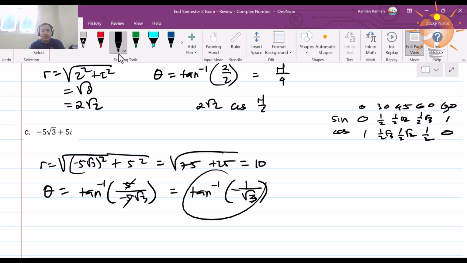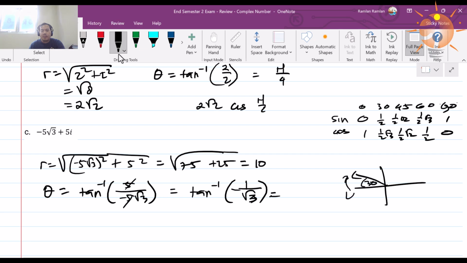Can you see that this is tangent? The tangent is the division of sine and cosine. So you get it from right here, right? That'll be 30 degrees. So 30 degrees in radian is pi on 6. Yeah. But remember that this pi on 6 is in the first quadrant, because we know previously that this is in the second quadrant, there'll be like 30 degrees, but in the second quadrant, right?